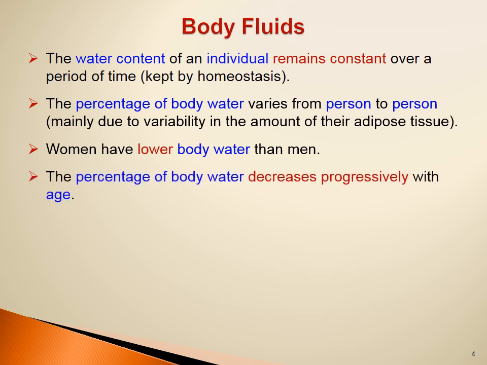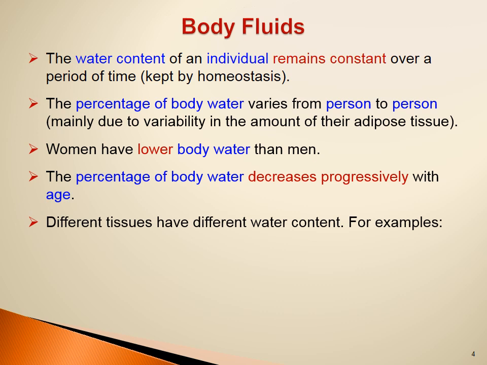The percentage of body water decreases progressively with age. So more water is present in the body of the baby, and as we progress with age, the body content of water decreases gradually.